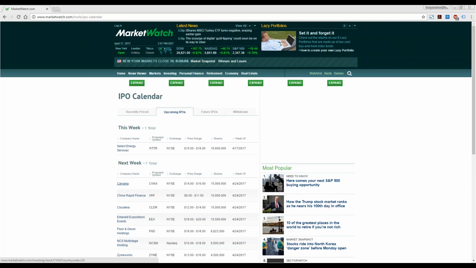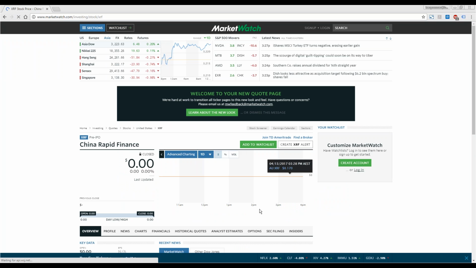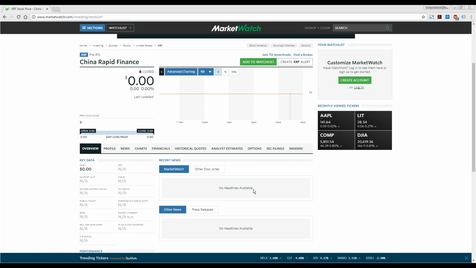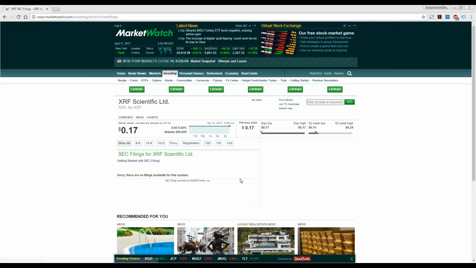So if you want to go to, say, China Rapid Finance, click on there. It's going to open it up and give you all the data they have, but it's not traded yet. So you can contact them. We can see here the SEC filings, and you can contact them directly and ask for a prospectus.